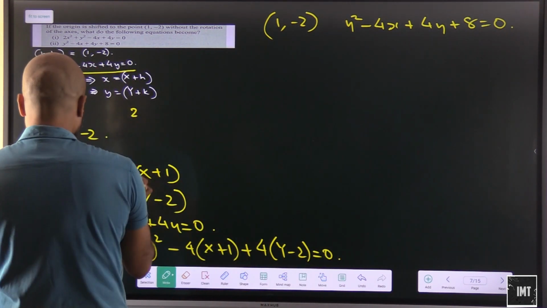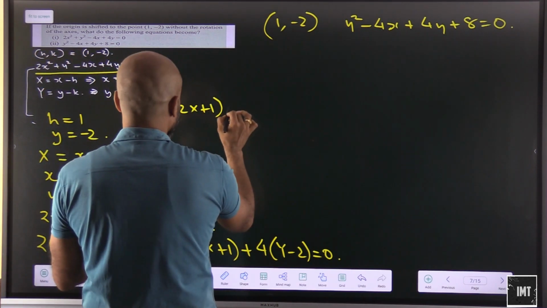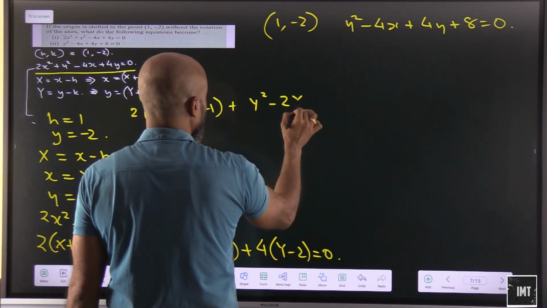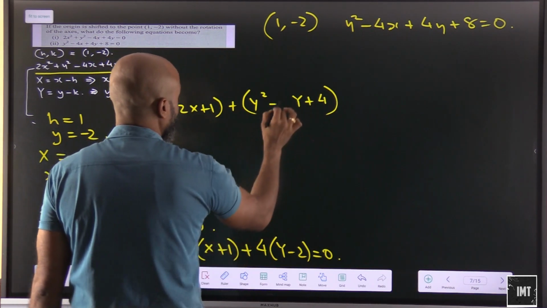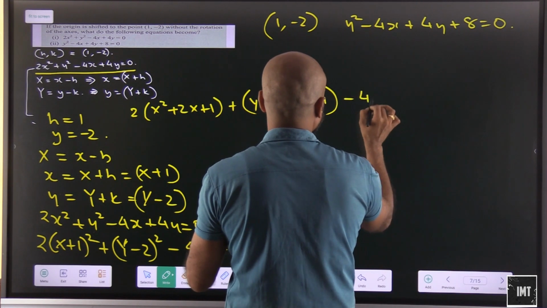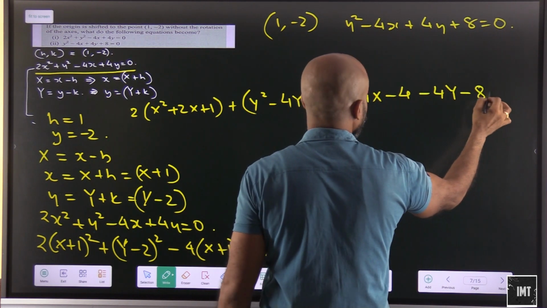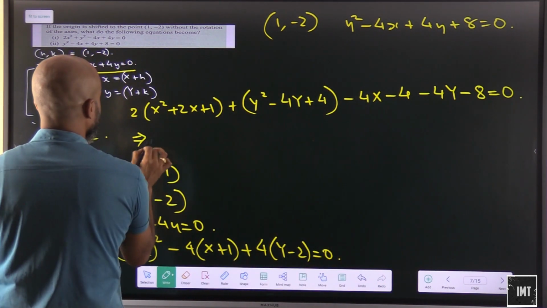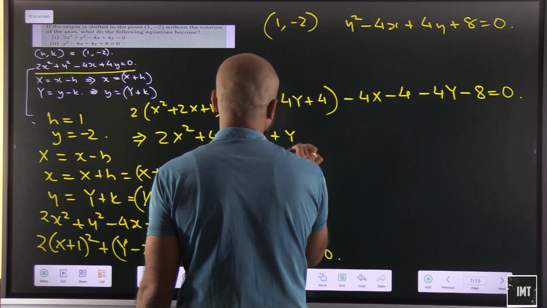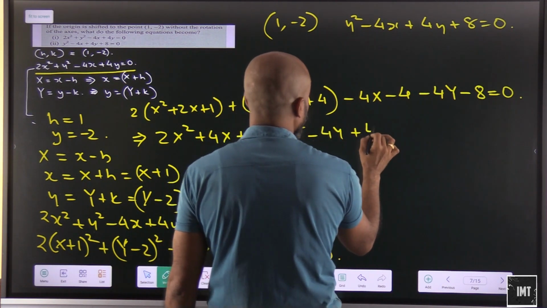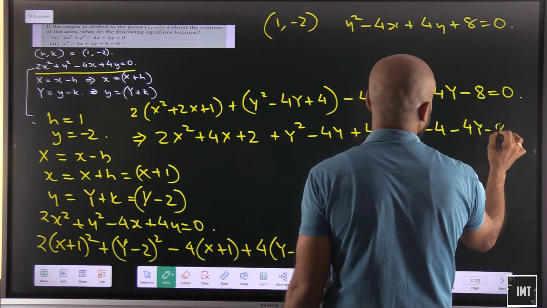So this will be 2 into X square plus 2X plus 1, plus Y square minus 4Y plus 4, minus 4X minus 4, plus 4Y minus 8 is equal to 0. So this is how much? This will be 2X square plus 4X plus 2, plus Y square minus 4Y plus 4, minus 4X minus 4, plus 4Y minus 8 is equal to 0.